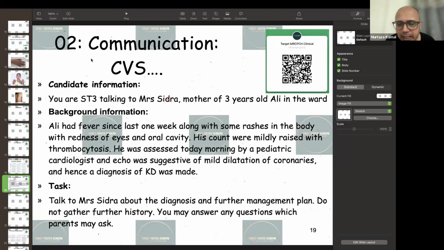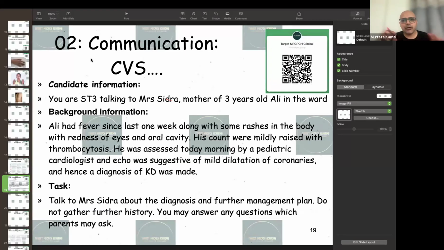Mother will be worried, but we are here to reassure her. We do not expect the prognosis to be bad, right? We expect things to be good after we take care of the inflammation. If you are giving IVIG for decreasing the inflammation and there is just mild coronary dilatation, we are expecting the prognosis to be very good. So we need to reassure the mother because she's a bit tensed. So that part is also important.